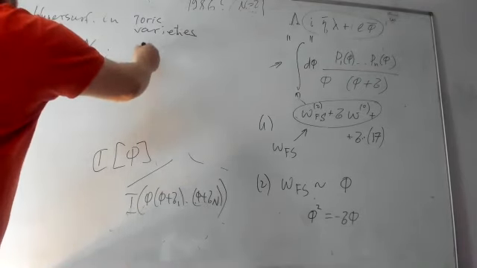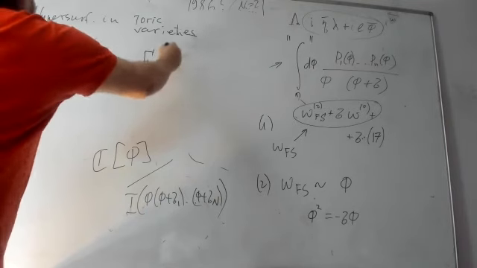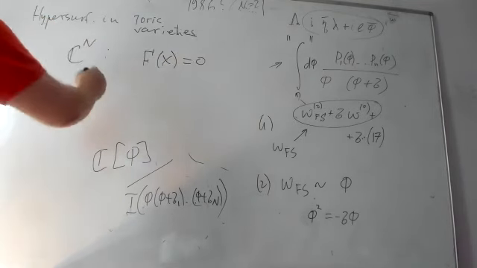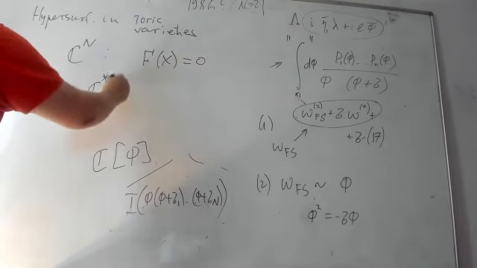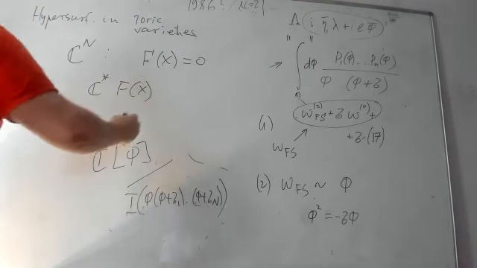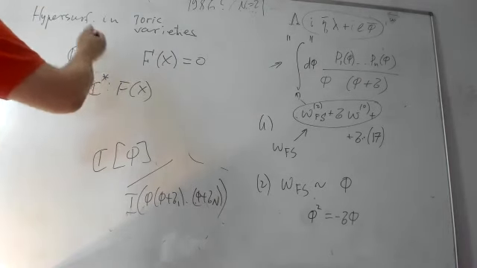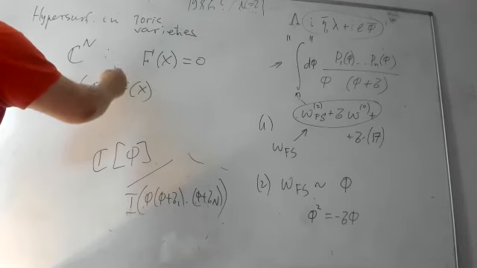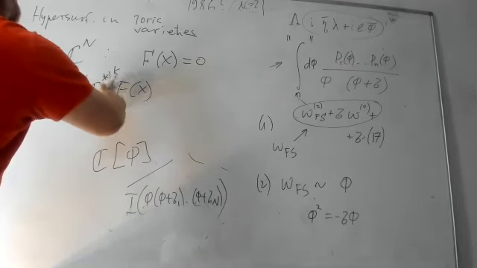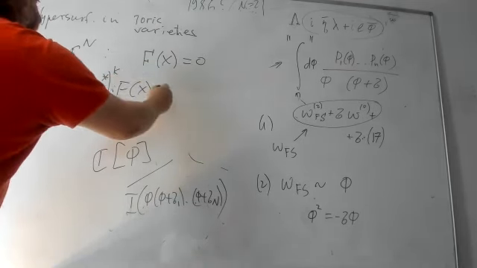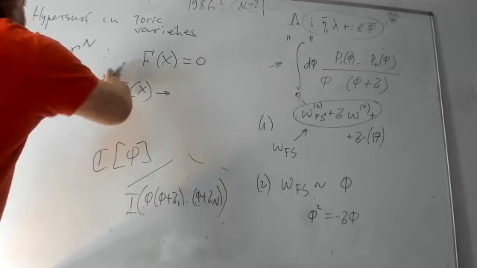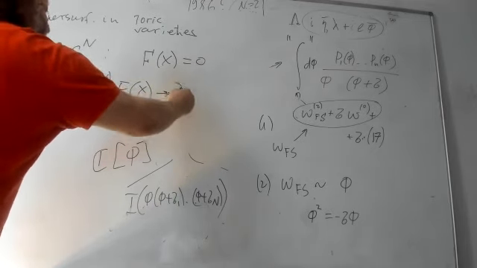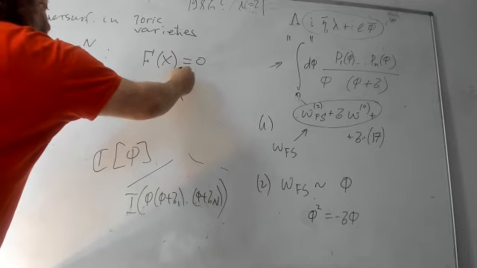I have an equation f of x equals 0 such that under the C-star action, f of x goes to lambda to some power p.